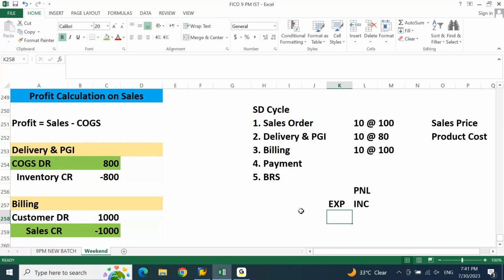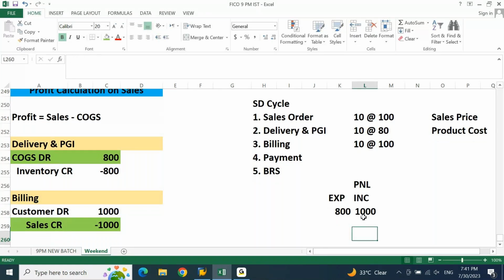Is cost of goods sold expense or income? Expense. So in my P&L, I'll put 800 on the debit side. What about sales? Is this income or expense? Income. I'll put 1000 here.